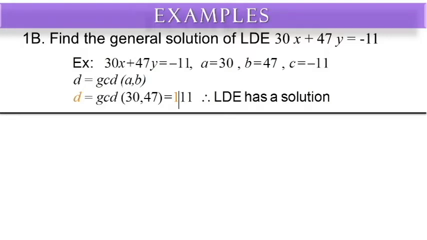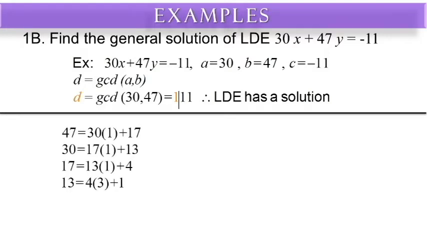So using the Euclidean algorithm, 47 equals 30 times 1 plus the remainder 17. Then we have 30 equals 17 times 1 plus our remainder 13.